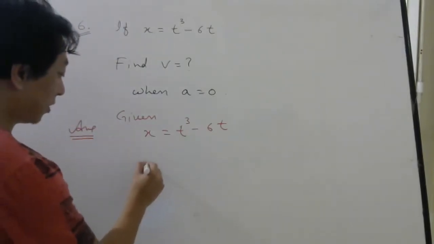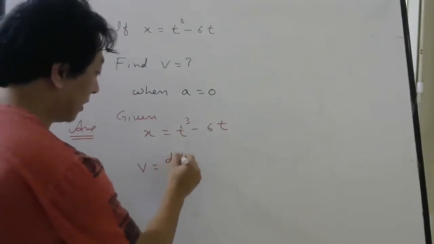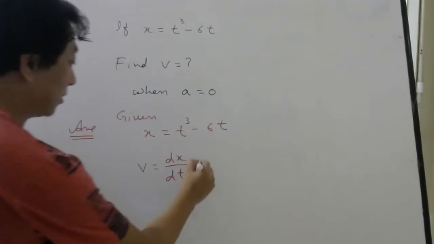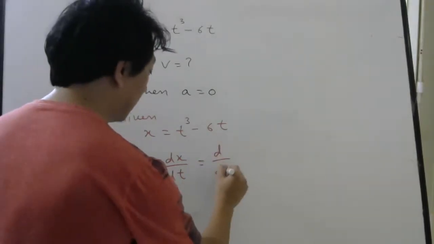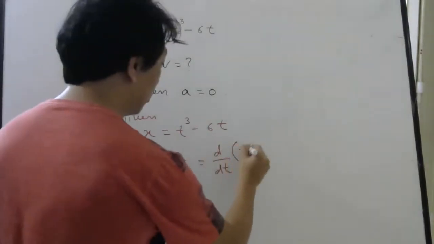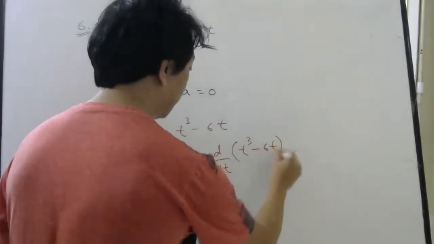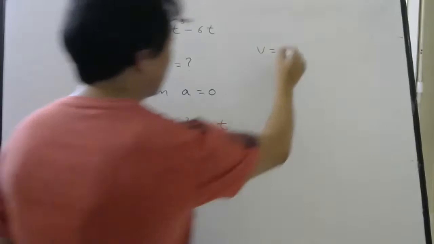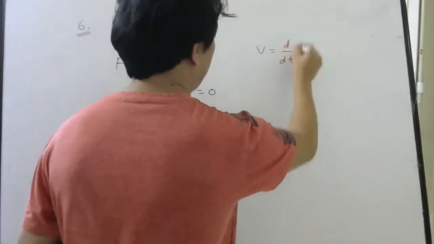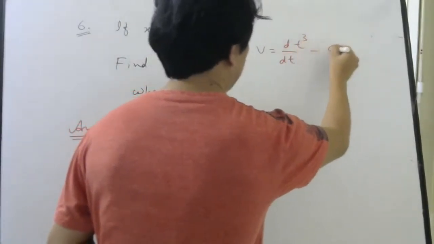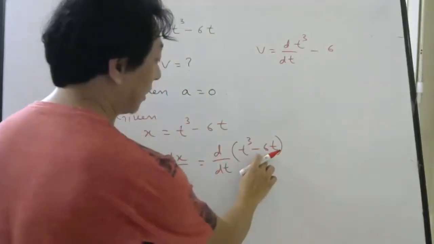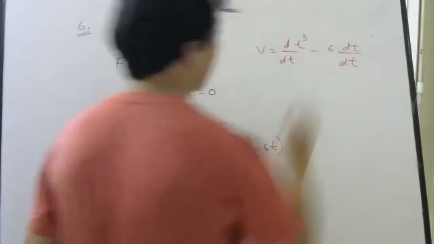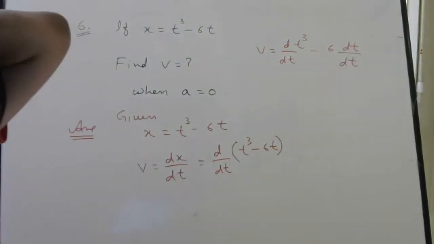What is the formula for instantaneous velocity? dx by dt. Right? So d by dt of x. What is x? t cube minus 6t. So you have to divide this into two terms: d by dt of t cube minus 6 times dt by dt. 6 is constant, you can take it outside.